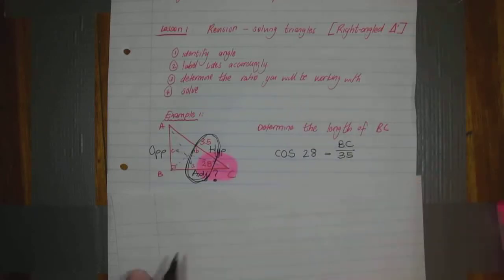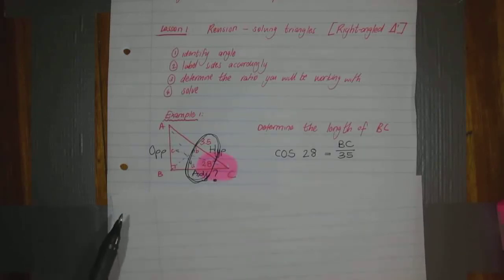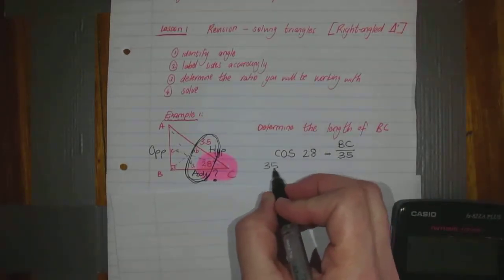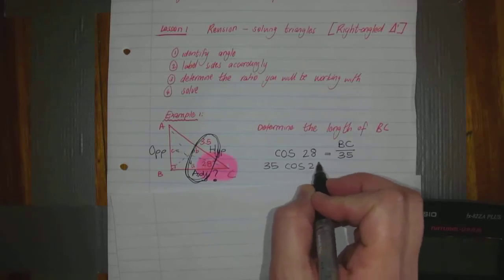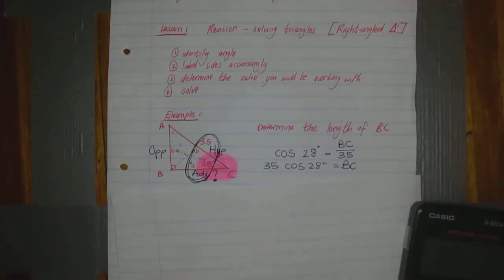You could have named side BC as a small a as well. Right. Calculator then, the 35 moves over. I have 35 cos 28 degrees, and that will give me BC's length.